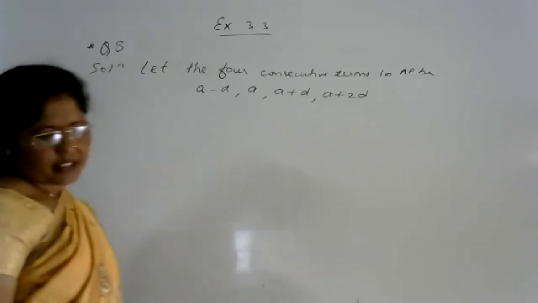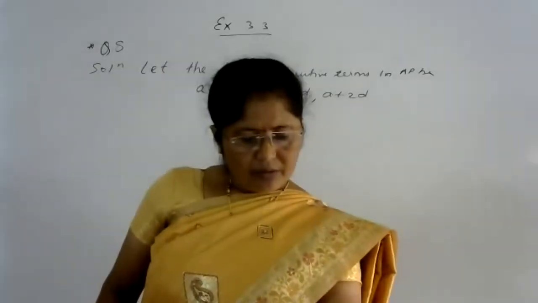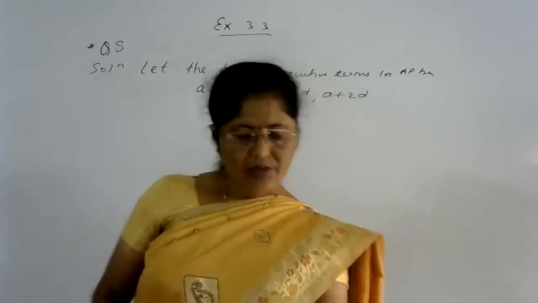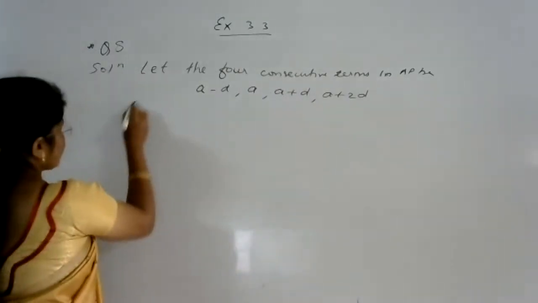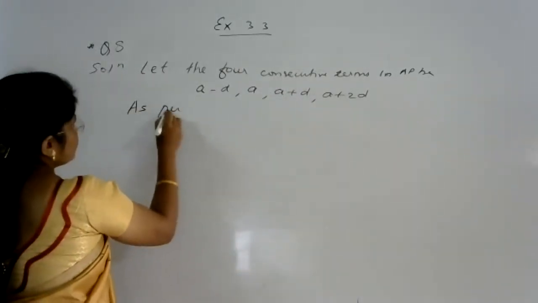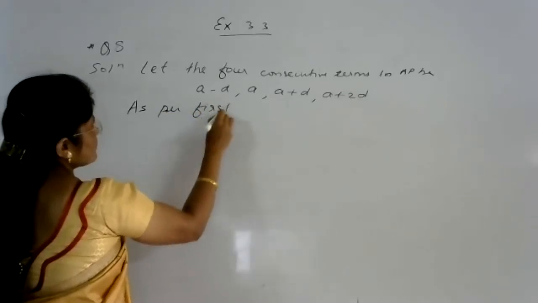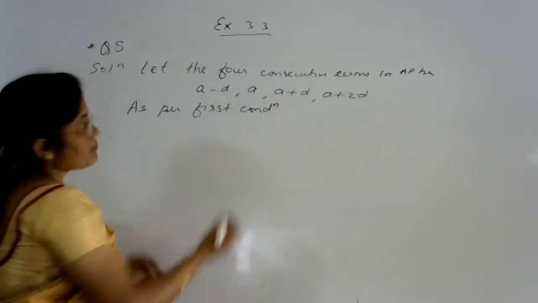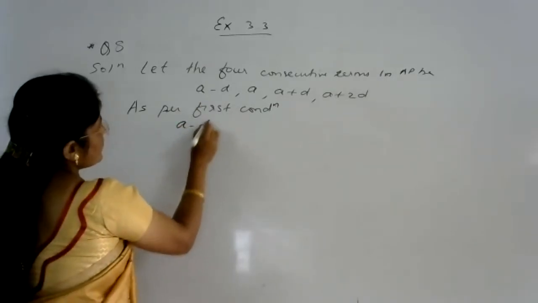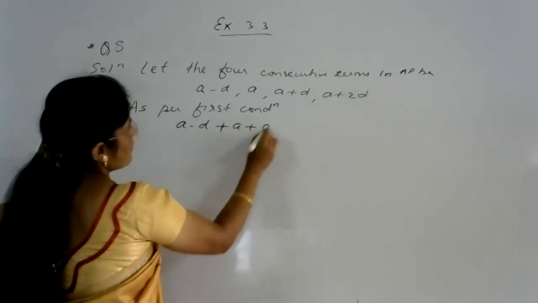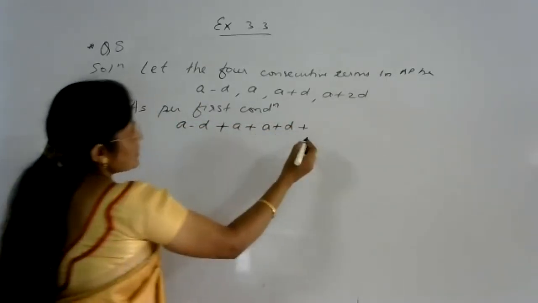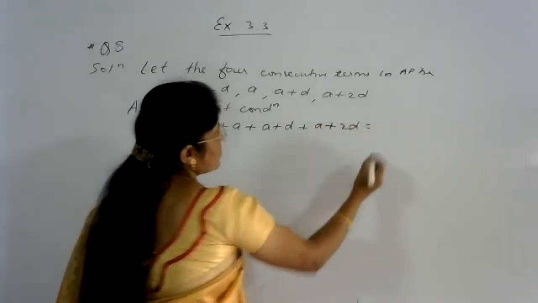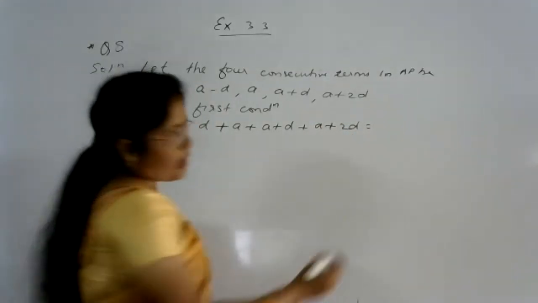Now, see the first condition whose sum is given. Four consecutive terms, sum is given 12. As per first condition, their sum A minus D plus A plus D plus A plus 2D is equal to 12.